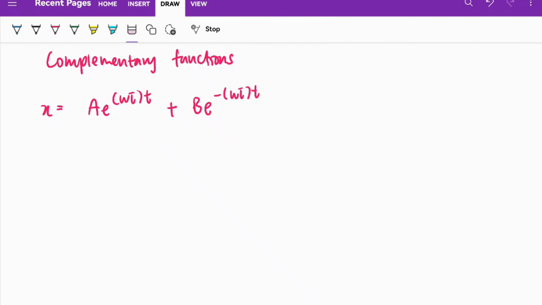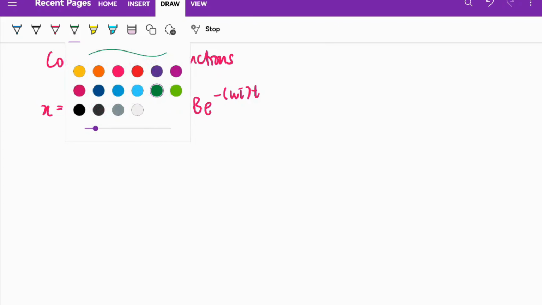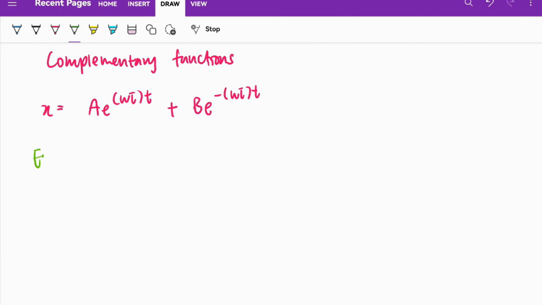Okay, alright. Now, this is where we use a teeny bit of complex number knowledge. We call it Euler's, I'm not sure how to pronounce this, Euler's identity?